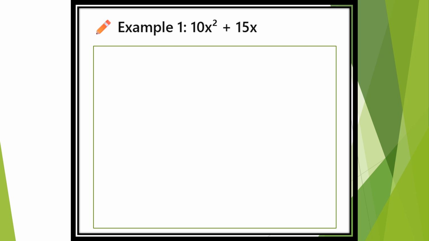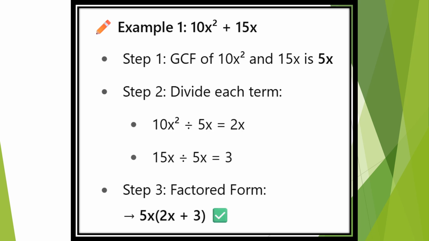So, what is the GCF? Can you guess? Okay, very good. The GCF is 5x. Then, divide each term. 10x squared divided by 5x is 2x. 15x divided by 5x is 3.